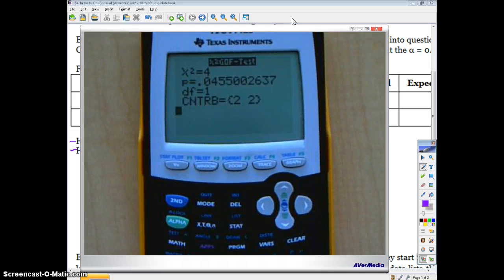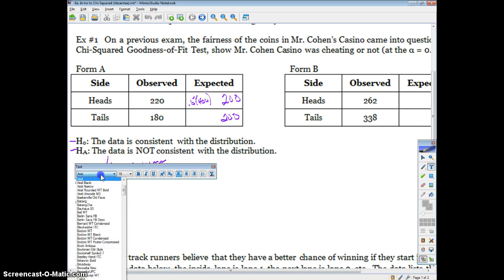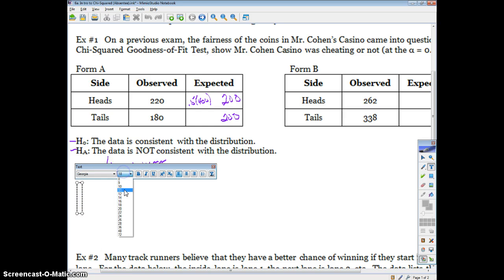Now, the only relevant information here is the p-value. The p-value is equal to 0.0455. Now, if we are testing this at the 0.05 level, we are going to reject our null hypothesis.